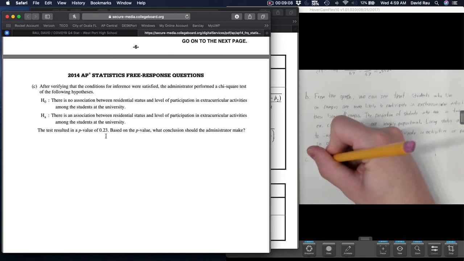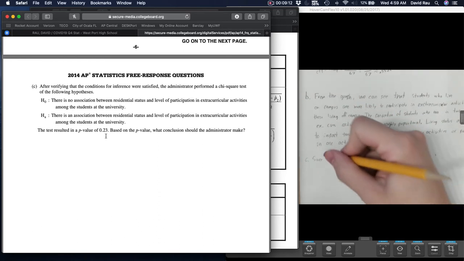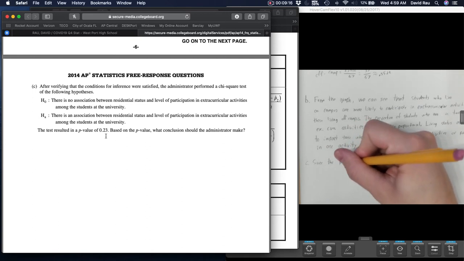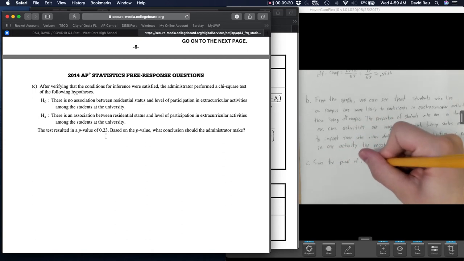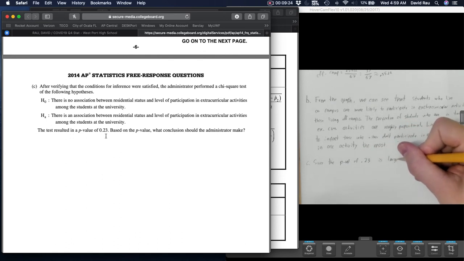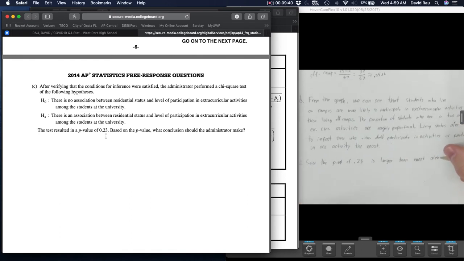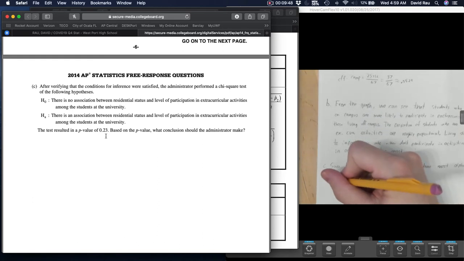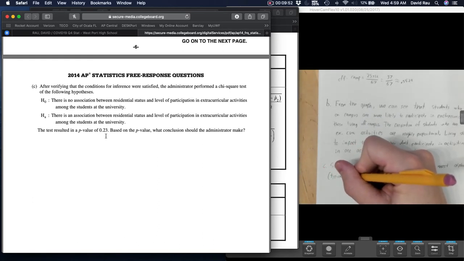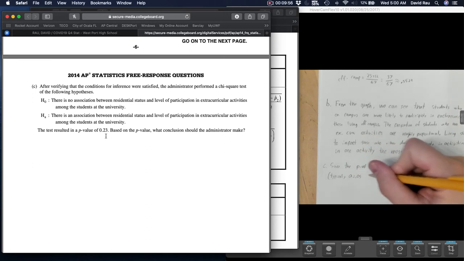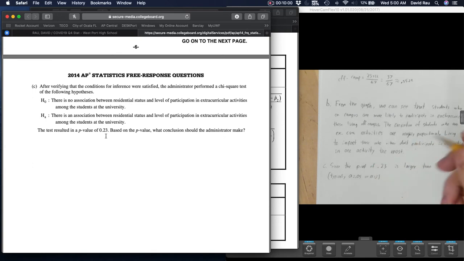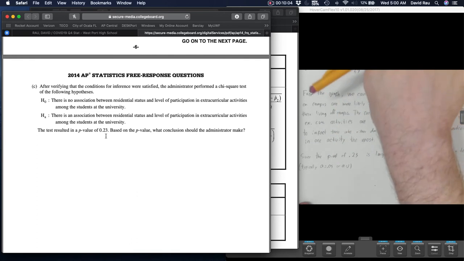Since the p-value of 0.23 is larger than most alphas, so I'll actually spell it out, alphas used in testing, usually, so typically, alpha equals 0.05 or alpha equals 0.1. All right, so hopefully you kind of have that in the back of your mind, that that's not crazy for me to make that statement.